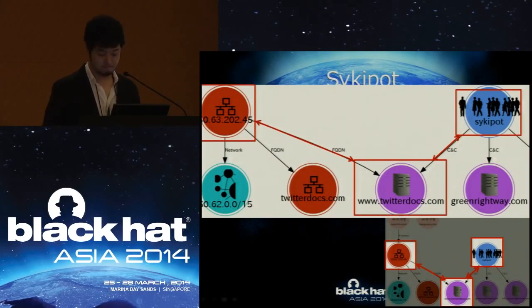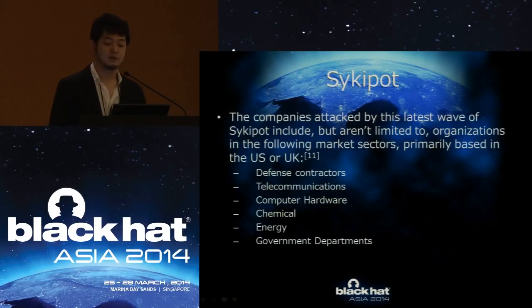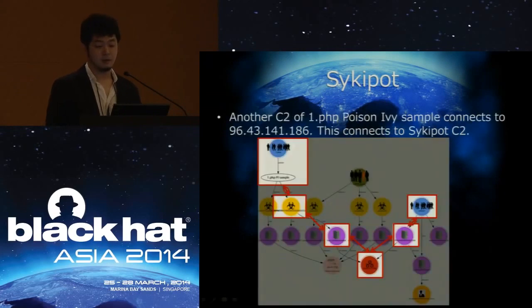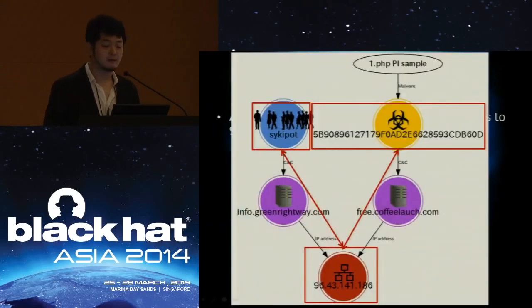Sykipot targets a variety of countries and industries. At that time, Sykipot targeted mainly the US or UK, but with an unlimited set. And Sykipot is also related to 1.php. Another poison ivy sample of 1.php is also related to Sykipot.